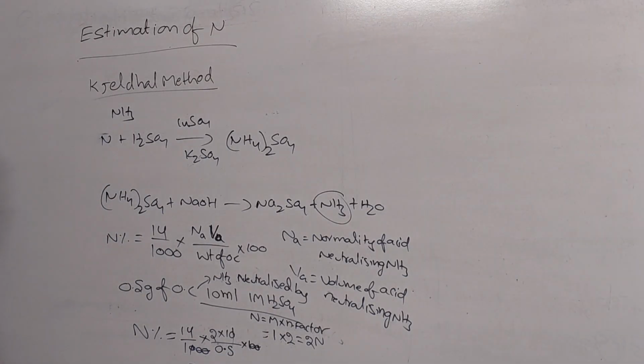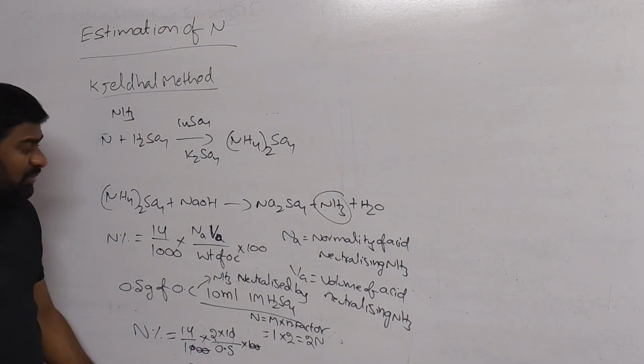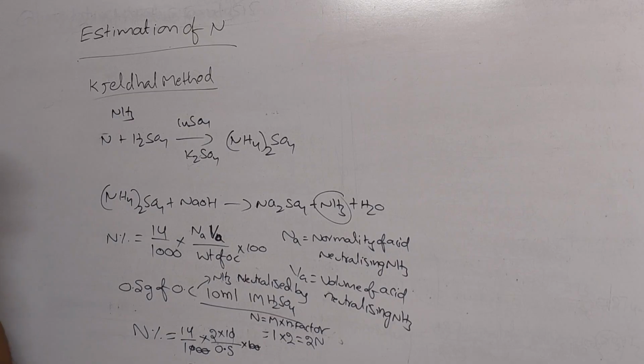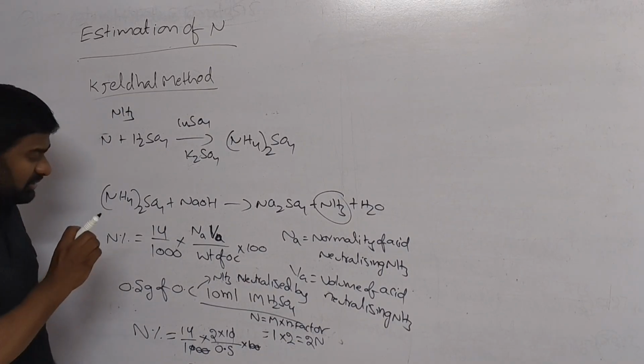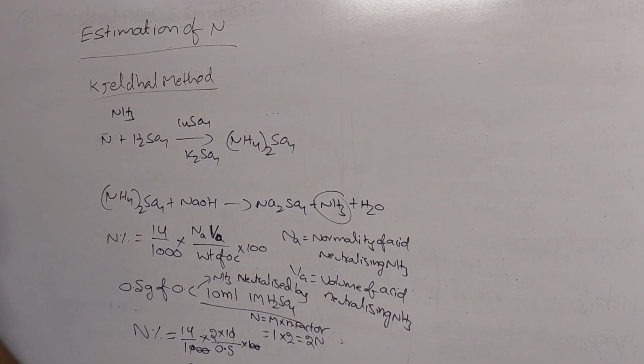In this way we can calculate the nitrogen percentage when they directly give the volume of acid neutralizing the NH3. Directly, the neutralized values they give, you can substitute.